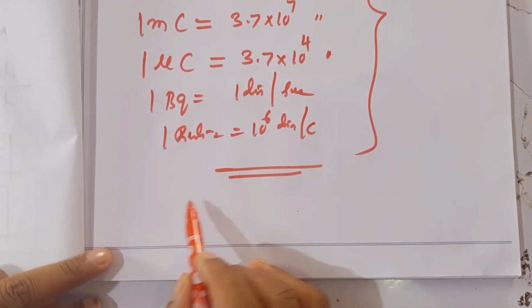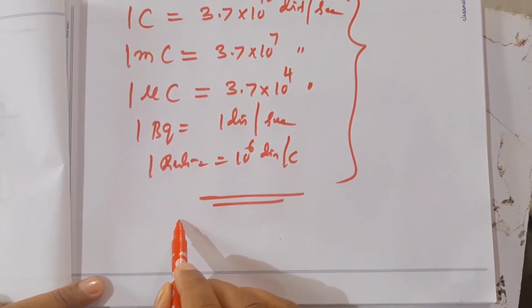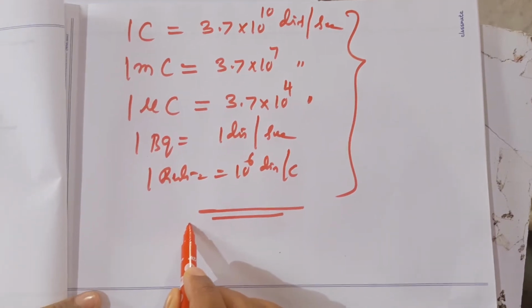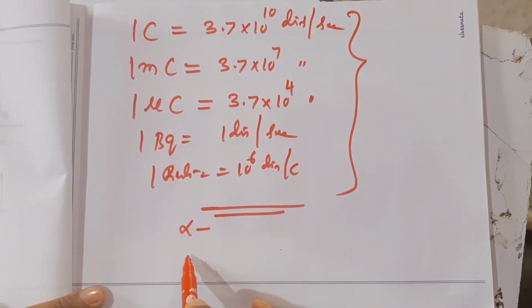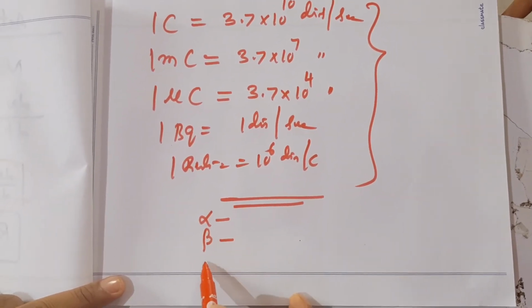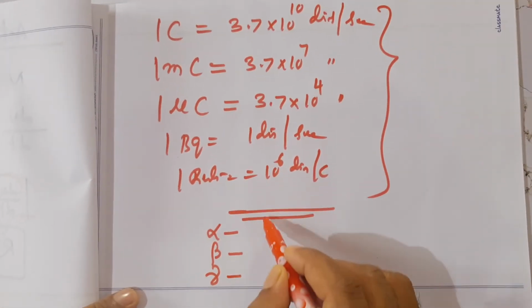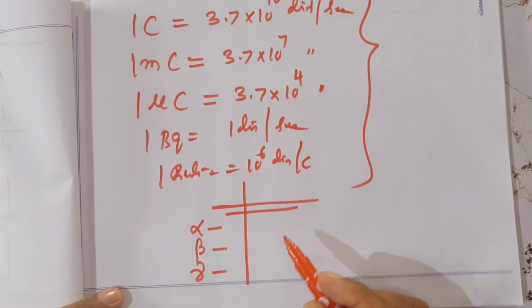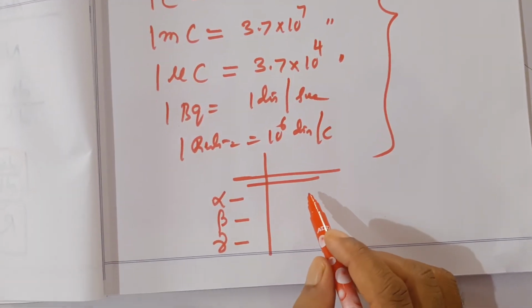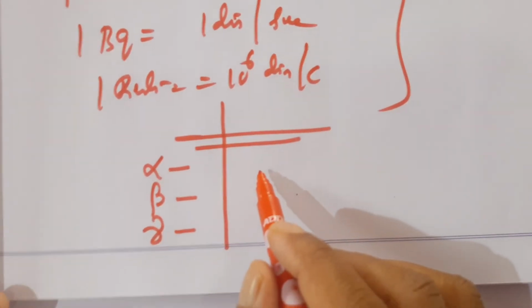So in today's class, what we discussed: first, what is alpha decay, its representation, beta decay, representation of gamma decay. Then we talked about the loss of radioactive substances.